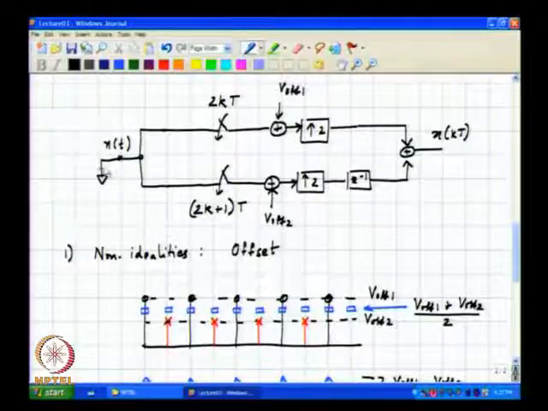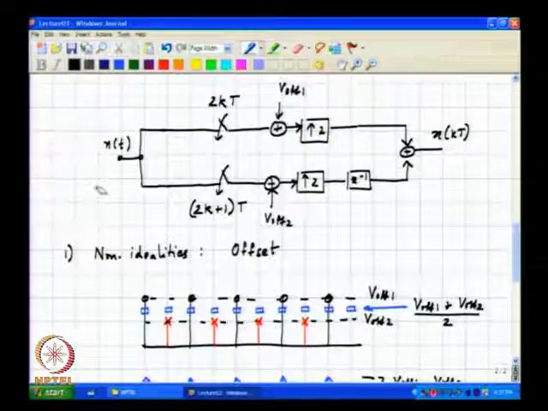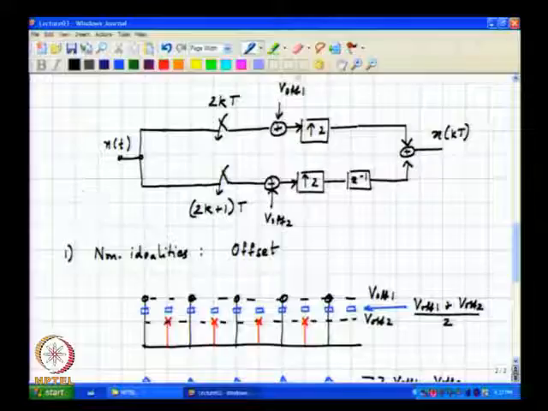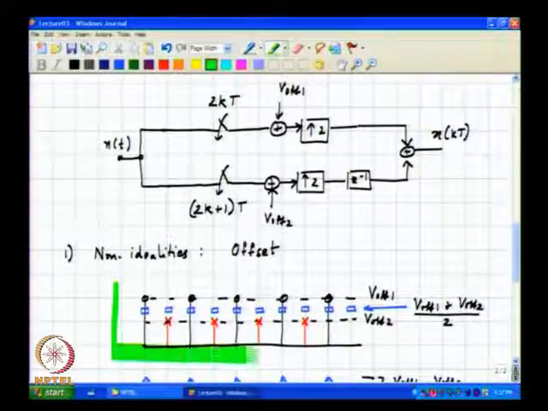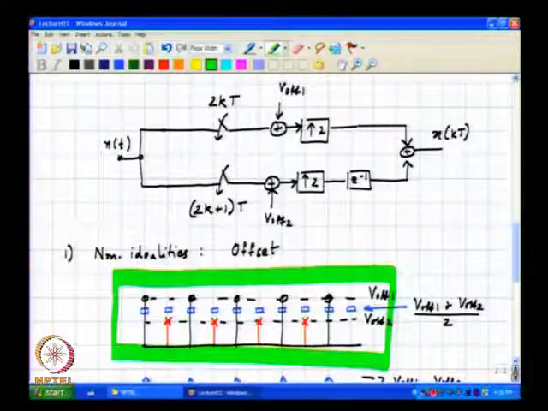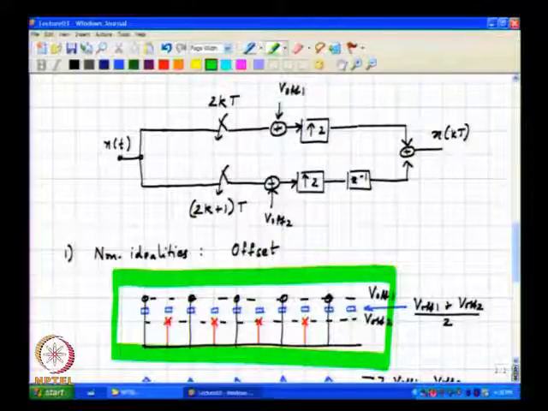So, if the input was not grounded, but was a regular input that you would normally use, then the output sequence, apart from containing the ideal output sequence x of kt, would also contain this extra sequence, because this simply adds to whatever was supposed to come out ideally, correct.